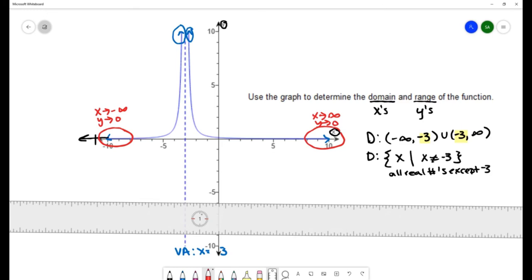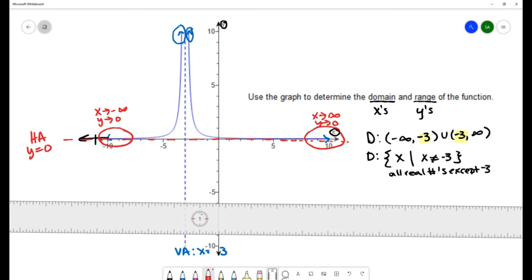And this is the definition of a horizontal asymptote. This horizontal asymptote is sitting right on top of the x-axis. So this graph has a horizontal asymptote at y equals 0. What that means is that our y is getting closer and closer to 0 without ever reaching it.